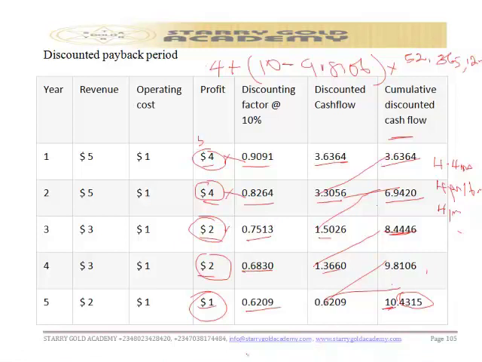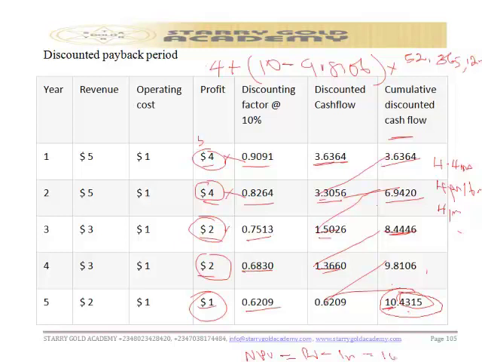Our NPV is equal to present value minus initial outlay, and our present value is the addition of the present values: 3.6 plus 3.3 plus 1.5 plus 1.3 plus 0.629 gives us 10.4315.